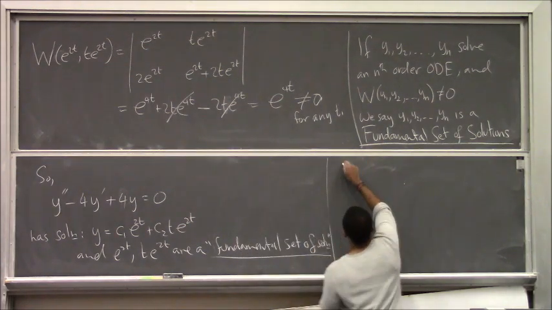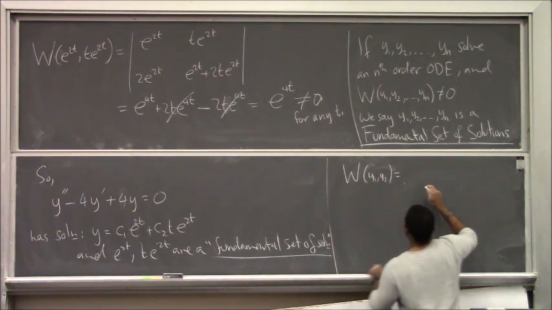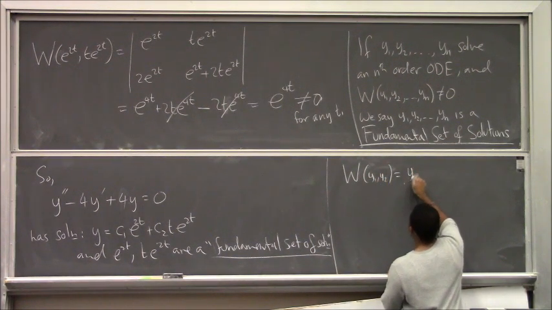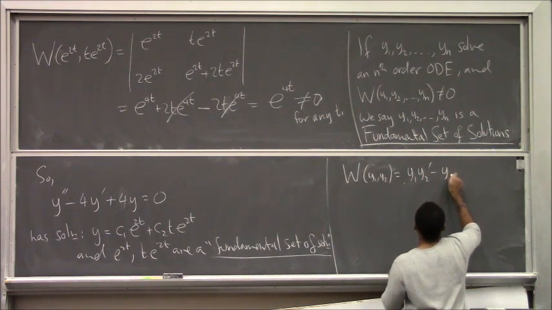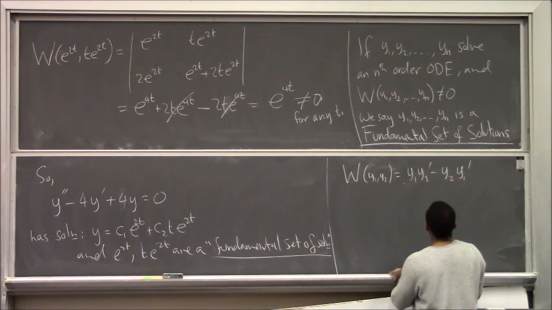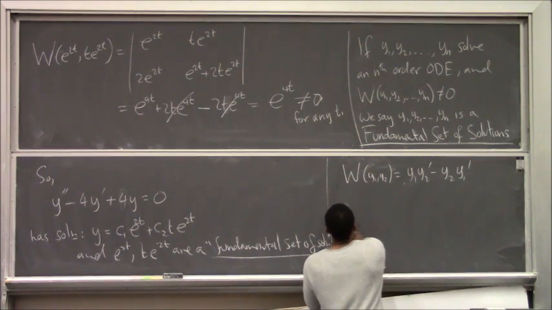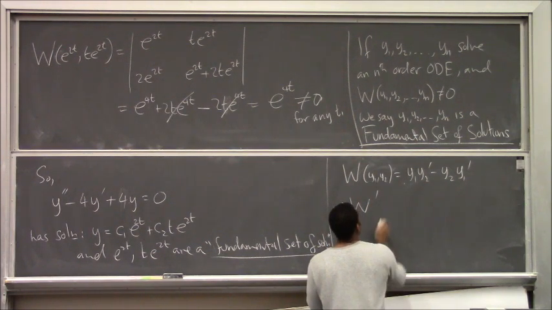So we have the Wronskian of y1, y2. We saw that that was what? y1 y2 prime minus y2 y1 prime, right? Yes, that's it. Let me ask you something. If I were to differentiate this with respect to t, what would I get?